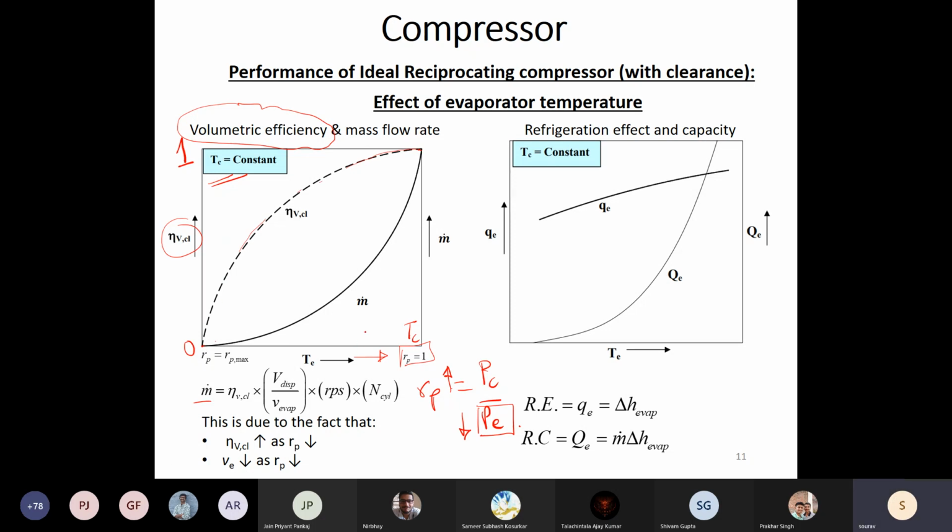Now what we need to do is multiply this curve with the density of the refrigerant at the evaporator exit. So if I use the EES, it will be density, whatever the refrigerant is, at P equals P evap and X equals 1.